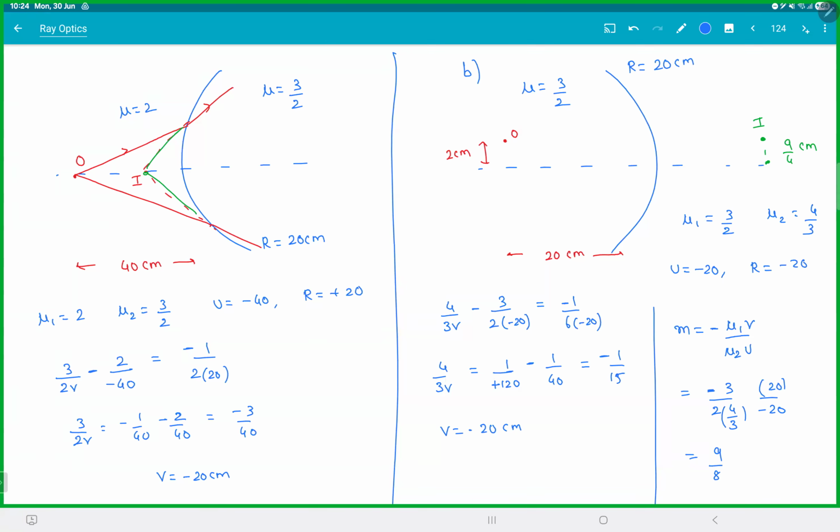Then this will be minus 20, na? So the image is actually virtual. I think this is minus. So you'll get a minus. So actually get an inverted image. Interestingly, at the same place. But this time the height is 9 by 4 centimeters. Right? You got the calculations, check it out. But got this thing?